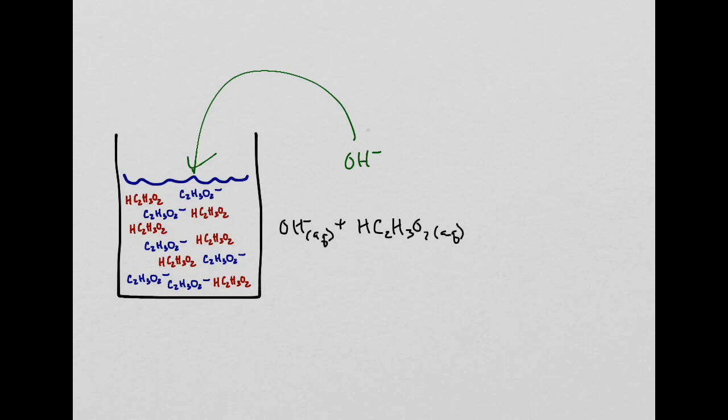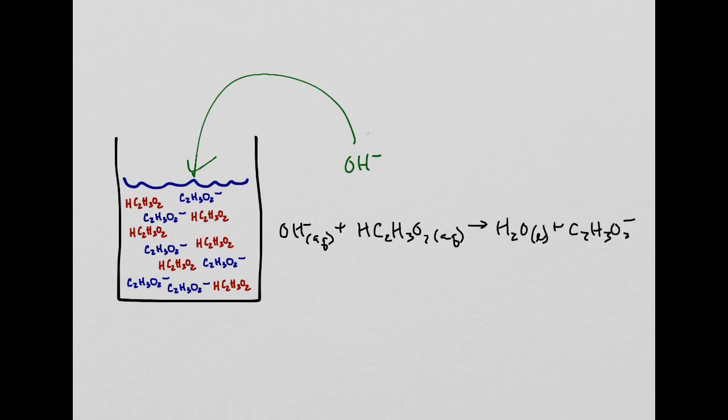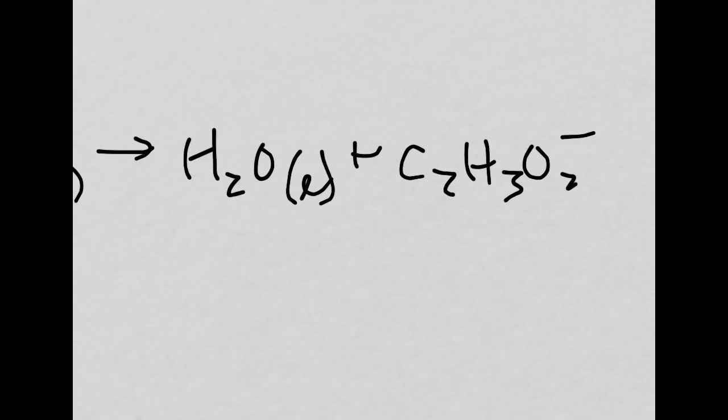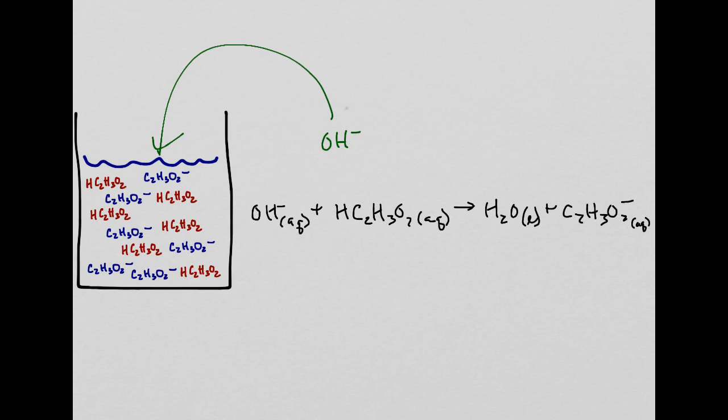And they form water plus the acetate ion. Oh, that also is an aq. I just can't fit it in there because I ran out of room. Maybe I can blow it up and put it in there. Very small. Okay, and this is slightly more complicated, but it's not that big of a difference.